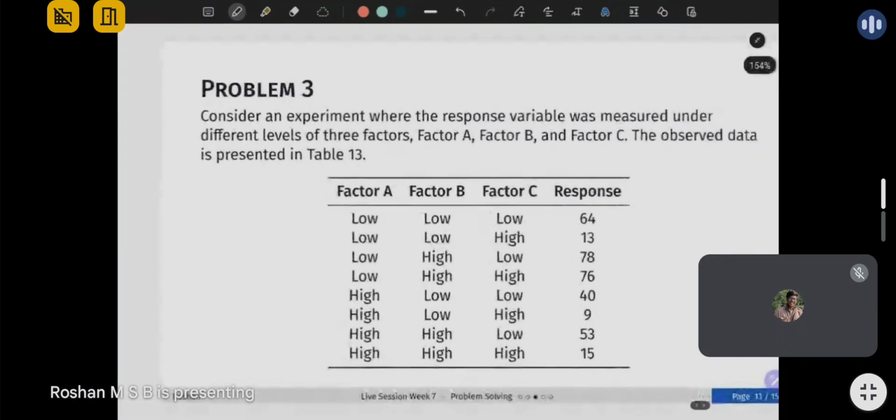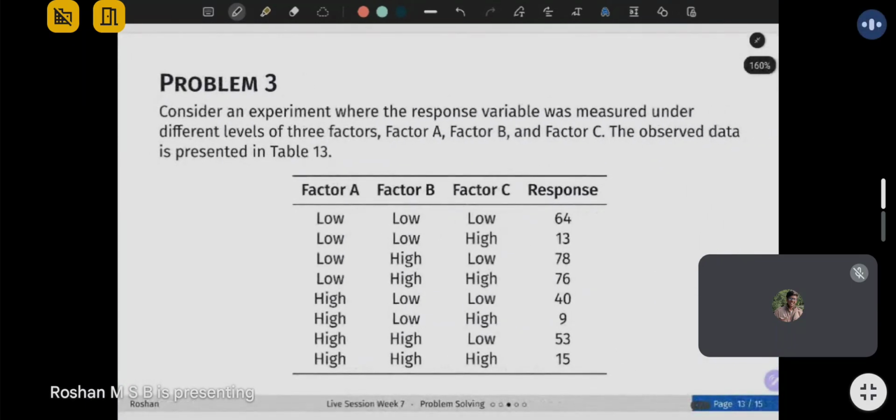Okay, moving on to this problem. This is a factorial design. You have three different factors and two levels for each. It is 2 to the power 3, a 2 by 2 by 2 factorial design, so total 8 experiments. You know how to solve this, right? How many effects in total will there be?